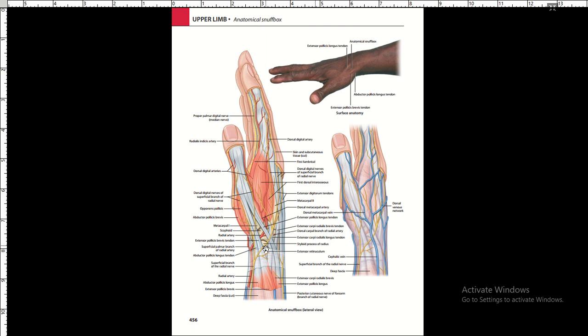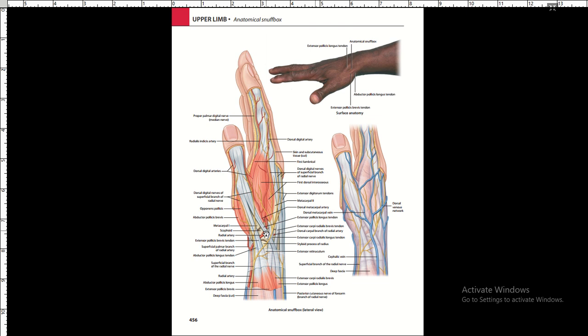Let's go to the contents of the anatomical snuff box. What are the contents? Right here you can appreciate your superficial branch of the radial nerve. It's going to be a content. You're also going to have your radial artery, going to the dorsum of the hand.